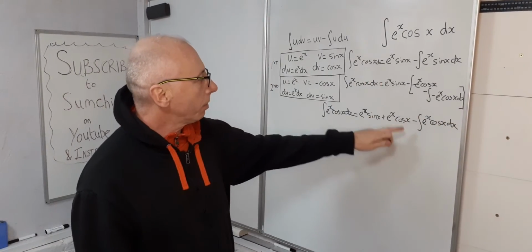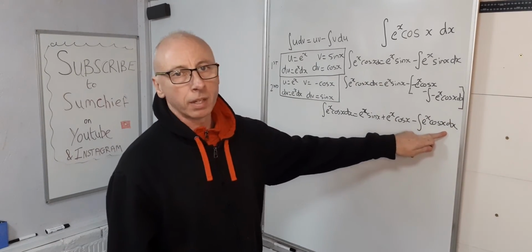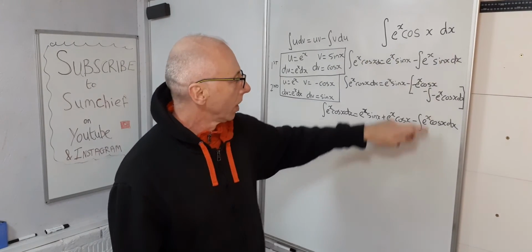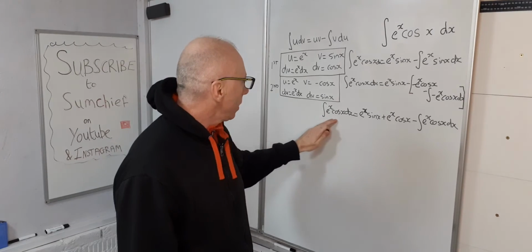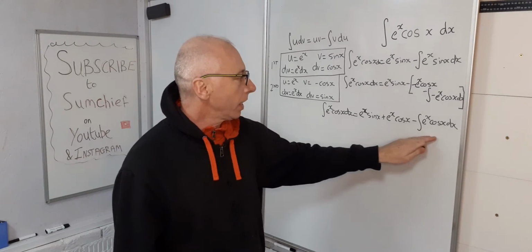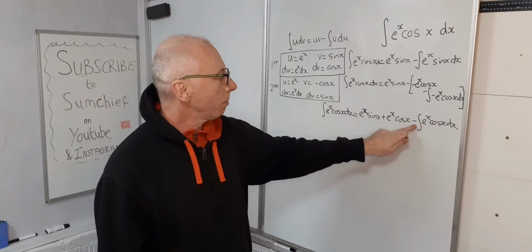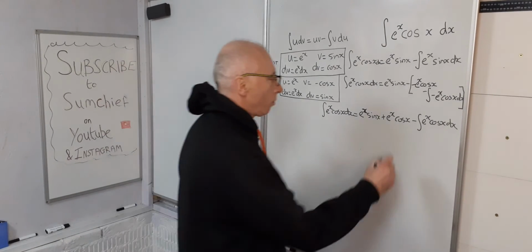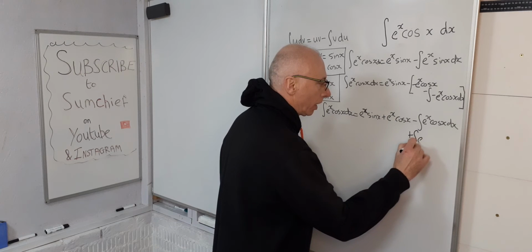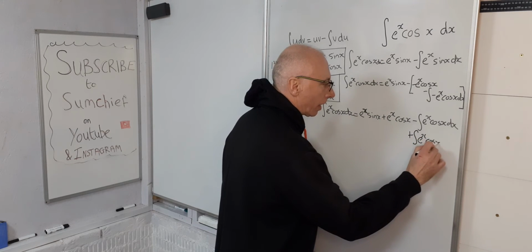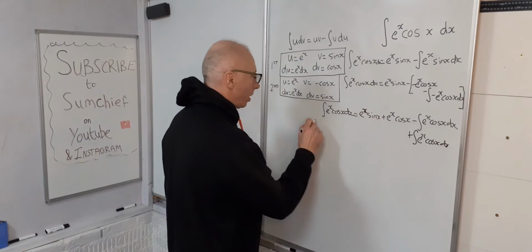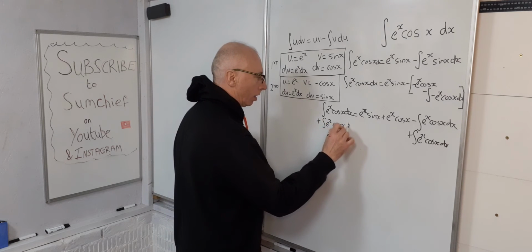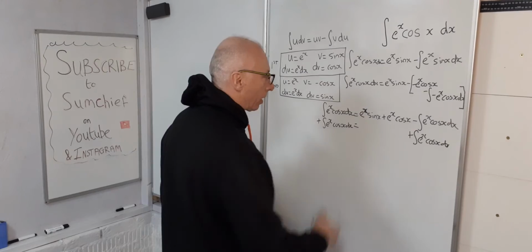Okay, so now we've got another integration by parts, but if we look carefully, it's the same as the original question. So we've got an e to the x cosine of x dx here, and e to the x cosine of x dx here, with a minus sign in front on this side. So what we can do, if we add the integral e to the x cosine of x dx to both sides, this we can stay as it is.